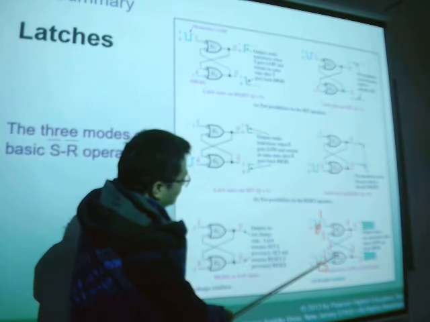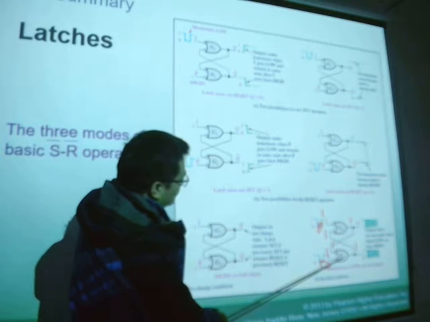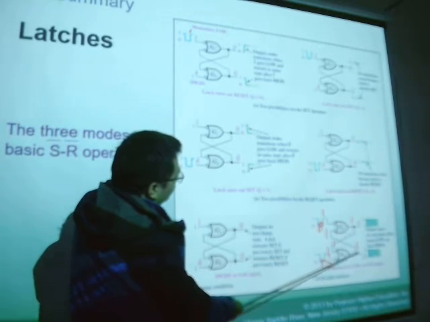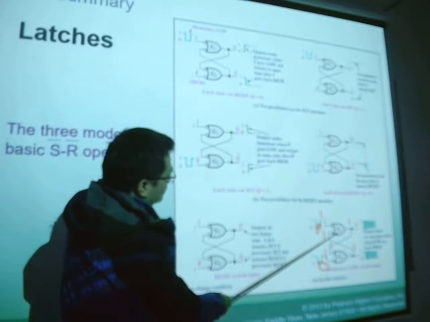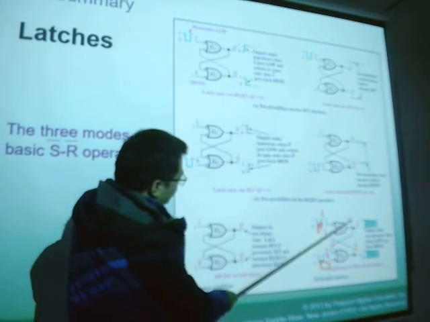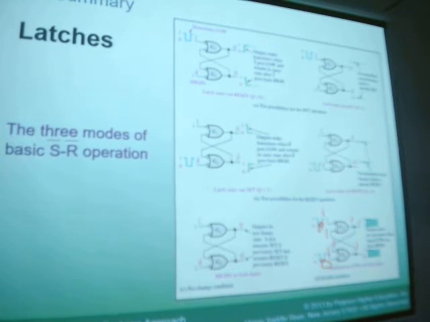1, 0. Then 0 plus 1 equals 1. 1, 0 plus 0.